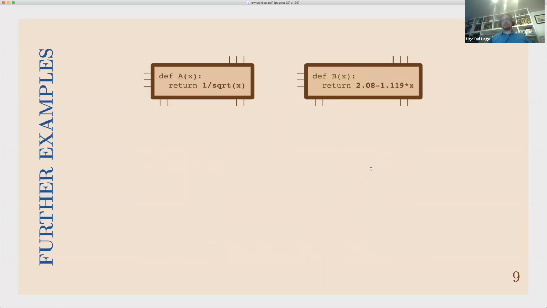And there are further examples, a bit more interesting. For example, this example has been taken from the literature on approximate program transformations. Sometimes you need to compute the inverse square root on real numbers, and this is quite expensive in terms of the performance of your program, and you can try to do it by approximating the inverse square root by way of a linear function.